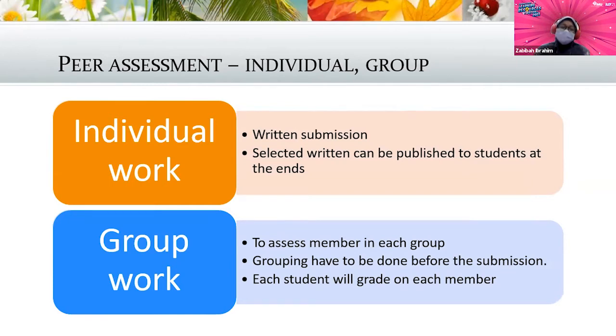In this type of peer assessment, the student will evaluate the submission that has been submitted on the learning management system. And from this, the students can experience how the teacher assesses their work as a teacher, right?